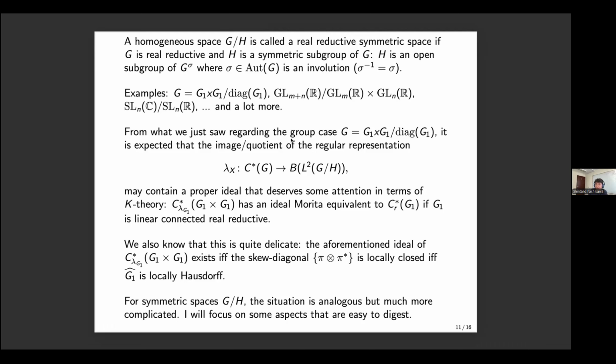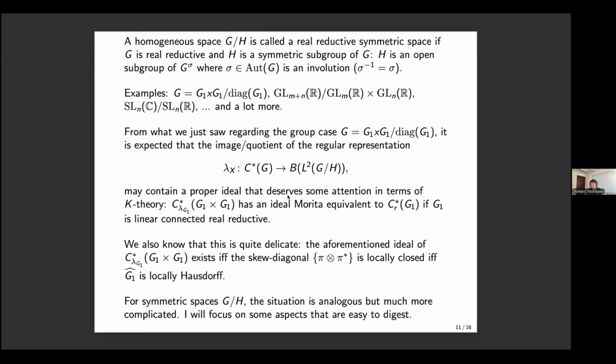And from what we just saw about the group case, which is G times G mod G, you can be convinced that you can first study the regular representation, but that quotient is some C star algebra as well, which may contain some proper ideal that deserves attention, at least in terms of K-theory. That was the motivation we had in the beginning.